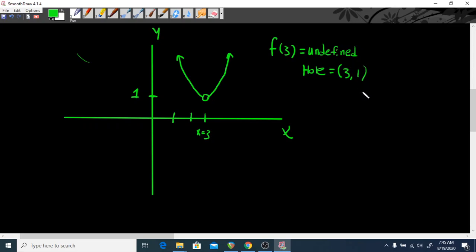That's where the hole is. Okay, so I want to emphasize this, f of 3 is undefined. Okay, however, we can say something about the limit as x approaches 3 of this function.